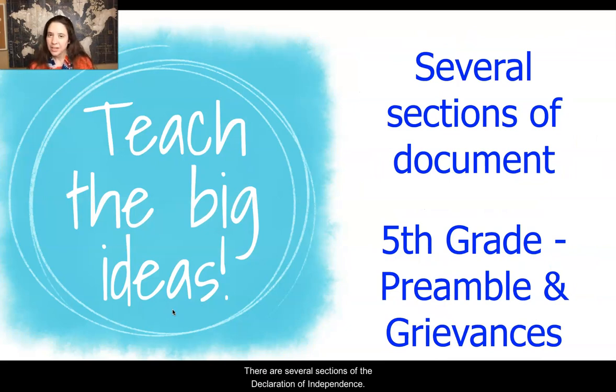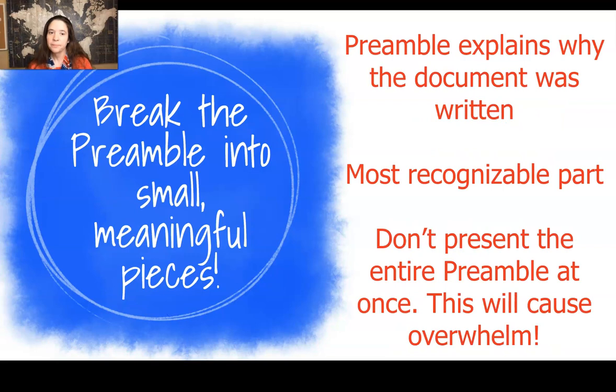There are several sections of the Declaration of Independence. With my fifth graders, I talk about the preamble and grievances. Those are the main parts that will help them understand the road to revolution and into the battles and the events of the American Revolution.